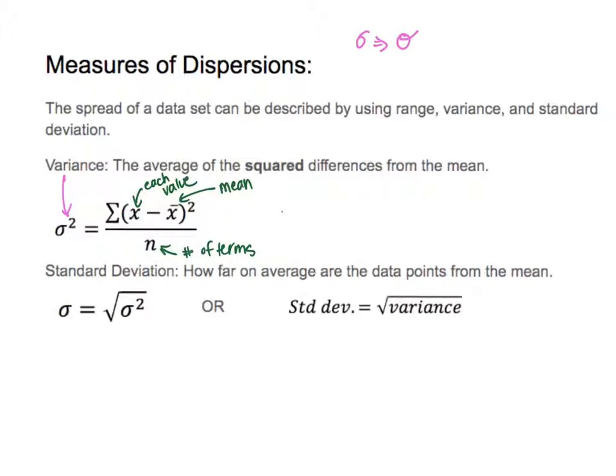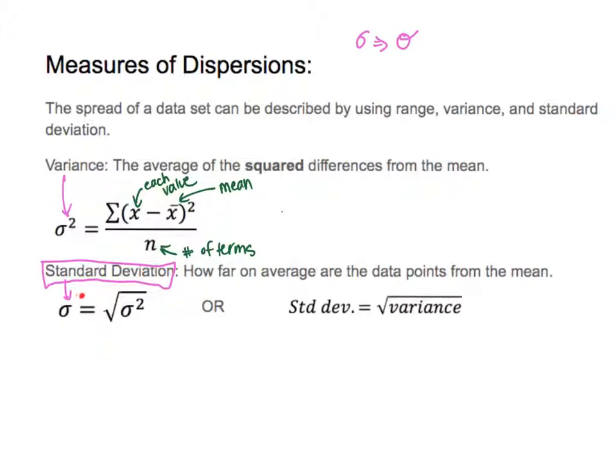That represents the standard deviation. And by the way, standard deviation is really what we care about. Anytime you're trying to figure out how spread out data is, you're looking for standard deviation. The variance is just a formula that helps us get to standard deviation, but standard deviation is the value that we really care for.